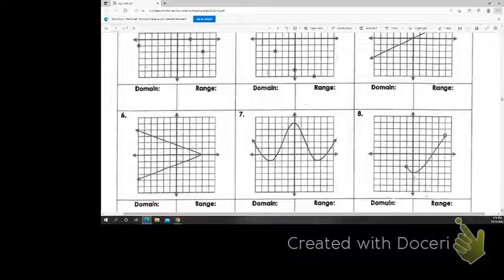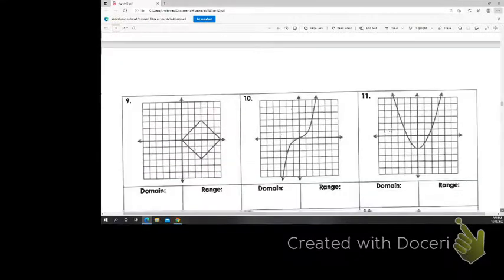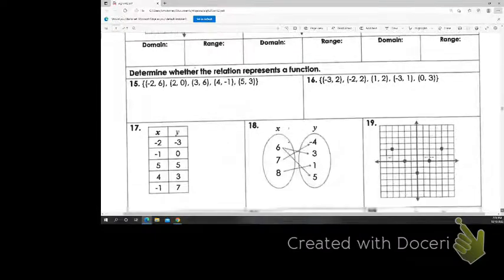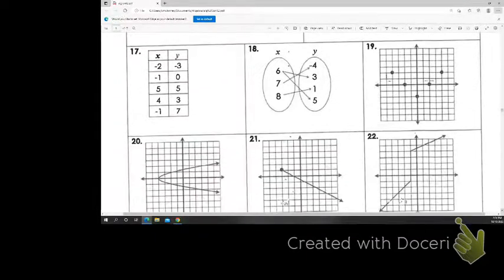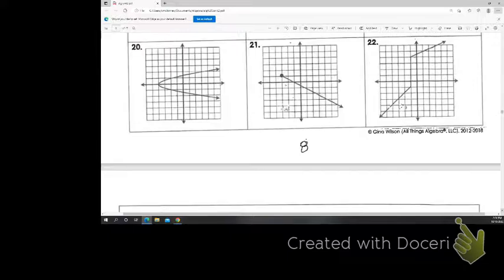So if you miss Tuesday's class, it'll be near the end of that first video that I posted, and then this video to determine if something's a function. And then you have questions on whether these are functions or not, which is what I've just talked about in this video.